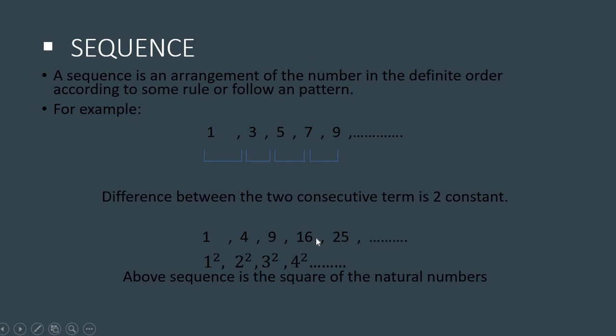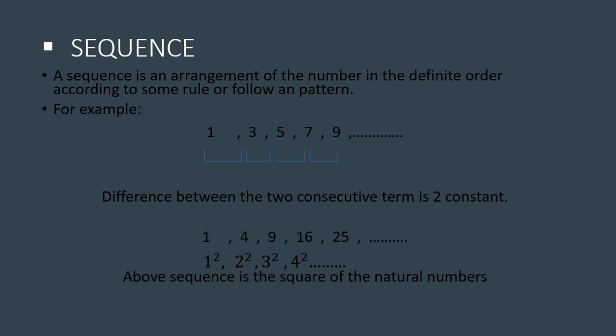So this sequence follows a pattern. The pattern is the squaring of the natural numbers sequentially, like 1 square, 2 square, 3 square and 4 square. So any set of numbers which follows a rule or pattern is termed a sequence.